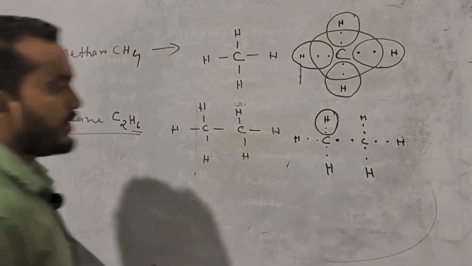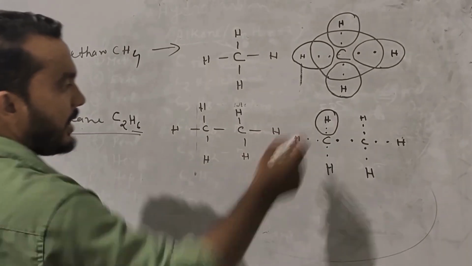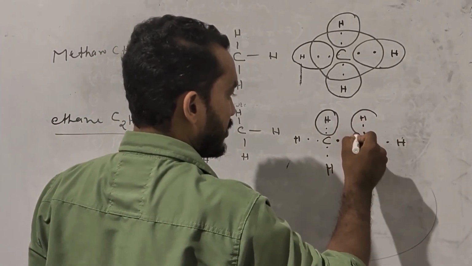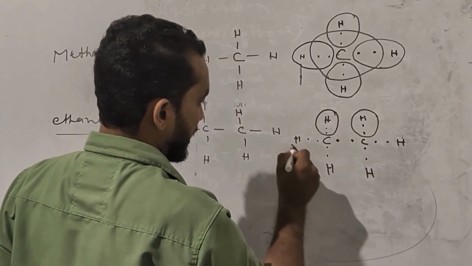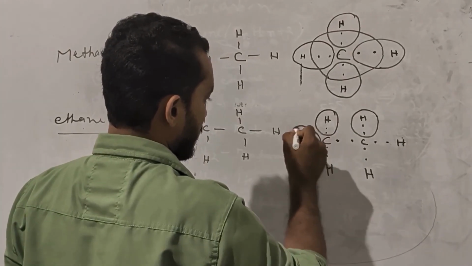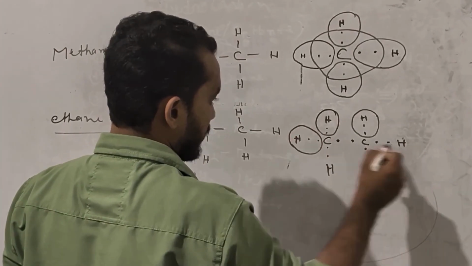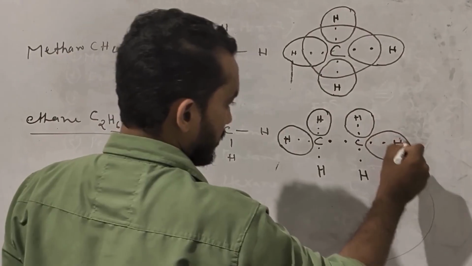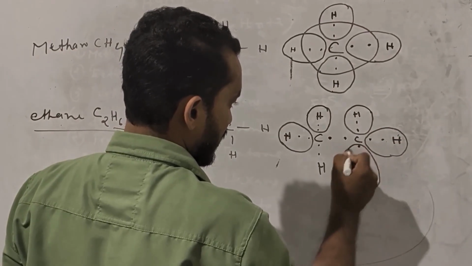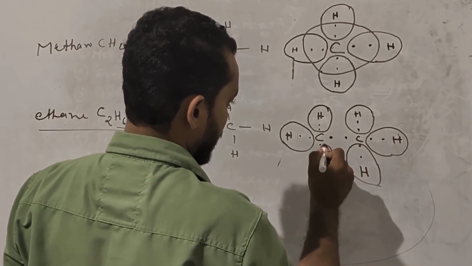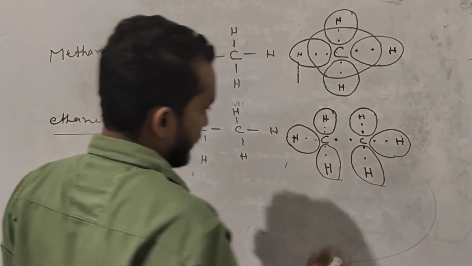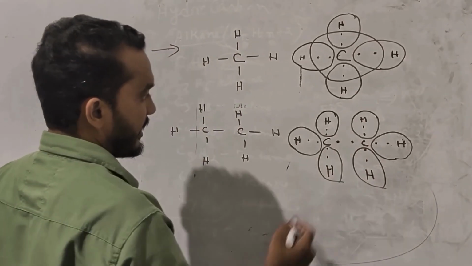First of all, you need to fulfill the duplet of the hydrogens, and it is already fulfilled. This circle indicates that hydrogen has 2 electrons in its outer shell. The circle should not be touched with the other electrons.